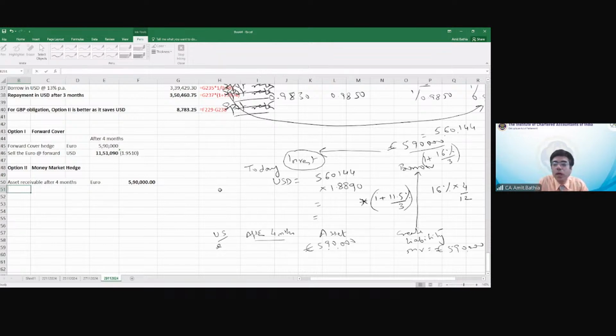I'm going to borrow today, euro, the present value. So it is 590,000 divided by 1 plus 16% by 3.